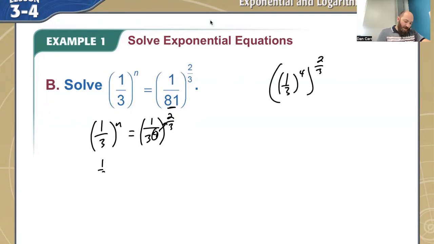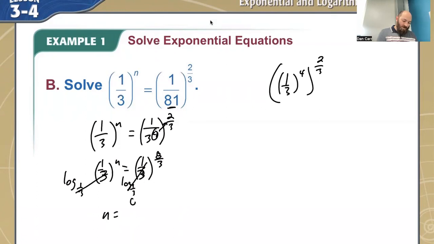Because of that, I'm going to have 1/3 to the n power is equal to 1/3 to the 4 times 2/3 power, which is going to give me 8/3. Now again, I can evaluate the log base 1/3 to both sides. So that's gone, that's gone. So I'm just left with n equals 8/3. Oh, I wrote 8, so let's do that a little bit better. So n equals 8/3 in this case.